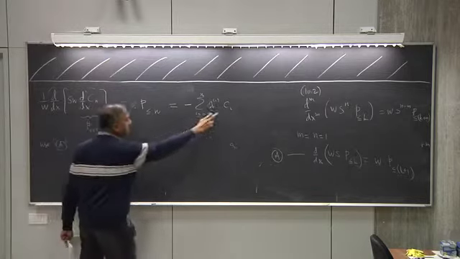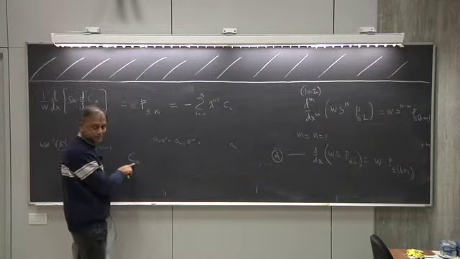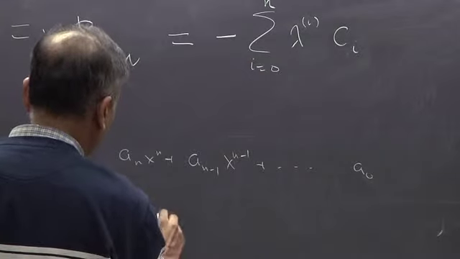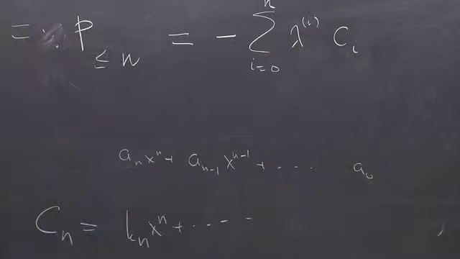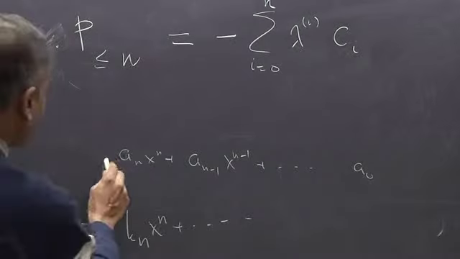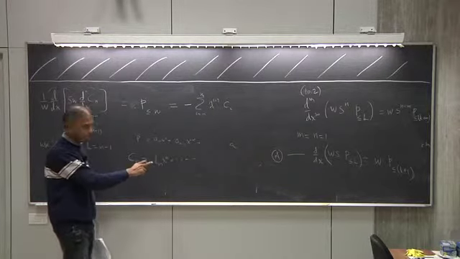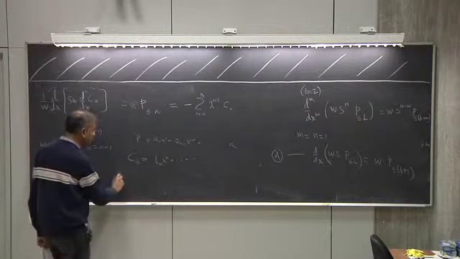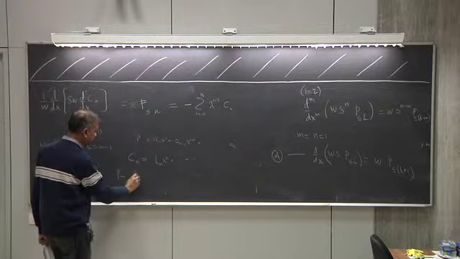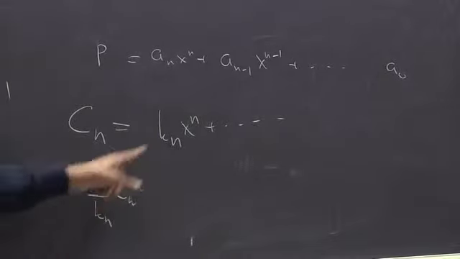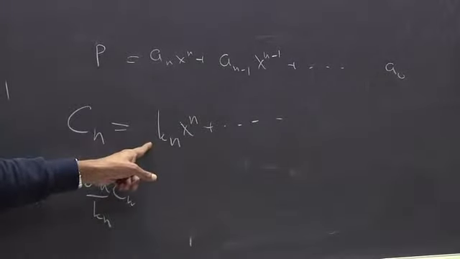Now let's take C_n. C_n is an nth degree polynomial, right? So this will be something, let's call it k_n x^n plus and so on and so forth. So first of all, I take this polynomial, which I call p, and look at the x^n term. If I take p minus a_n over k_n times C_n, take this combination, you see the x^n term cancels.